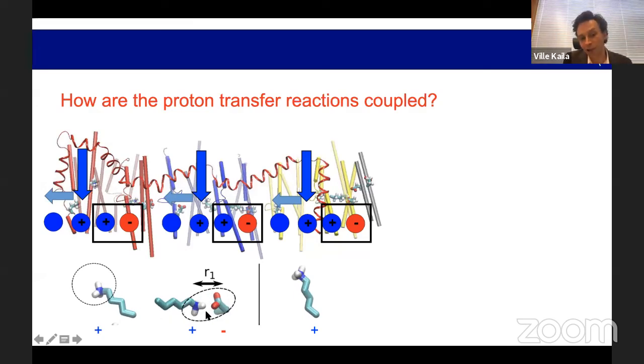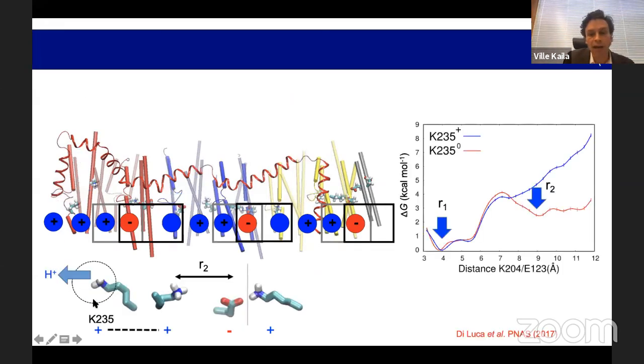And when this ion pair is in a closed state, this lysine prefers to be in a protonated state. But we can also see that there is another possible state where this ion pair can open up, can dissociate and shift and form contact with the previous subunit. And this state becomes, of course, favored when this lysine residue gets protonated, and that is to minimize the charge repulsion between the groups.